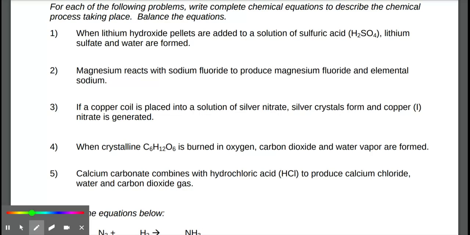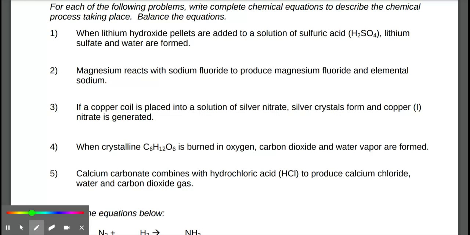When lithium hydroxide pellets are added to a solution of sulfuric acid, lithium sulfate and water are formed. Okay, so when I read that, what I see is lithium hydroxide pellets are added to a solution of sulfuric acid, and then there's a comma, a pause.